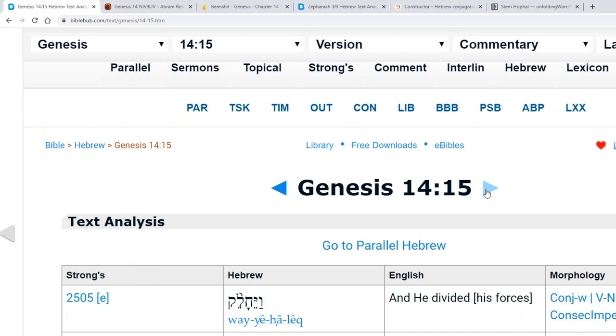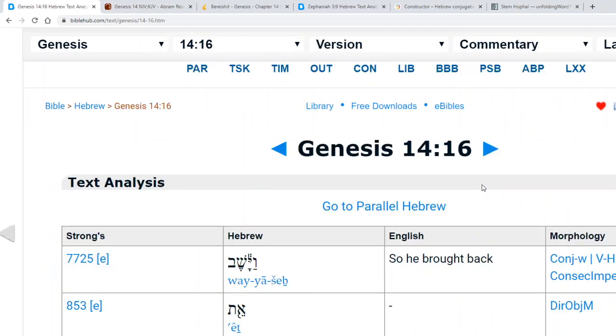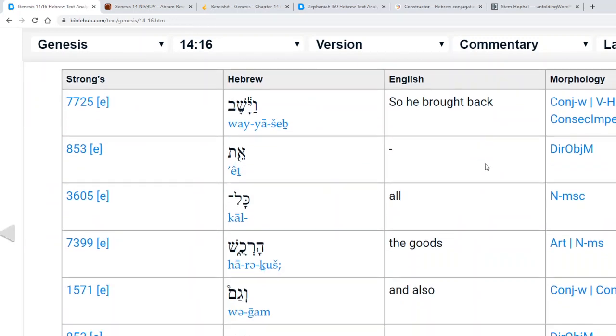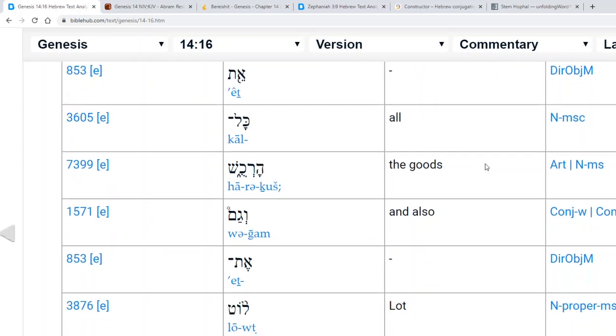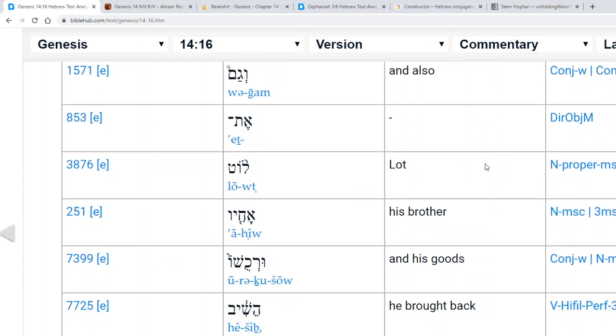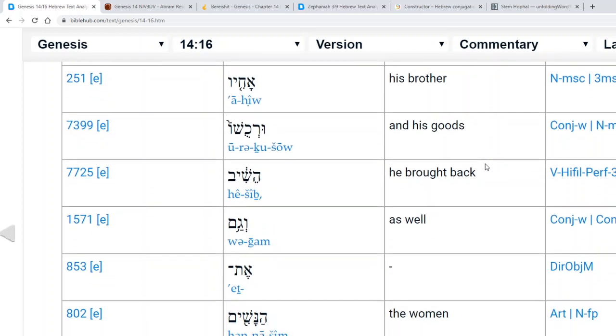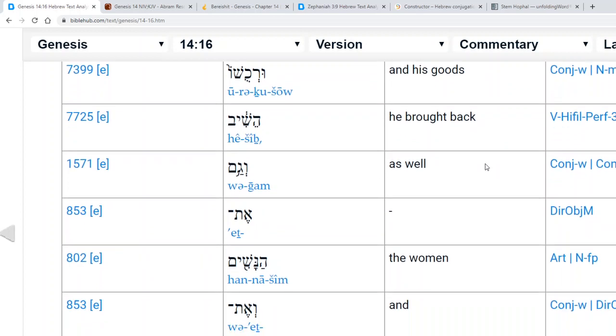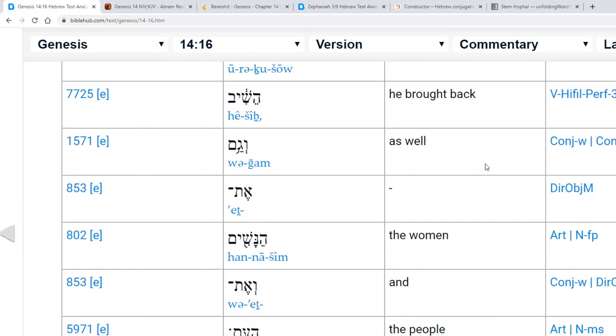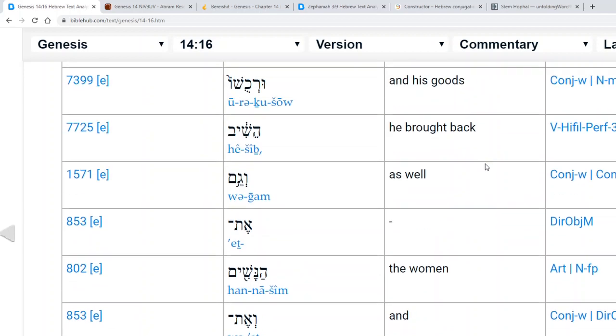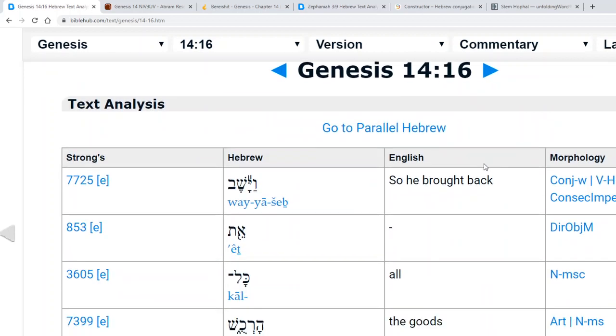Verse 16. Vayashev et kol harachush vegam et lot achiv urachusho heshiv vegam et hanashim ve'et ha'am. Okay, so this is the Hefil.